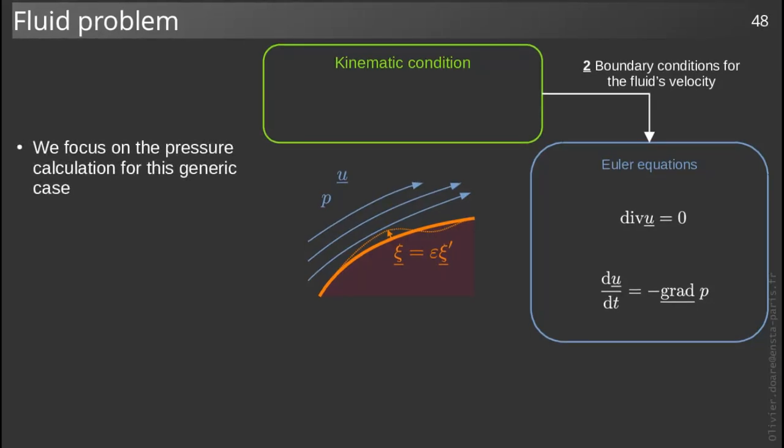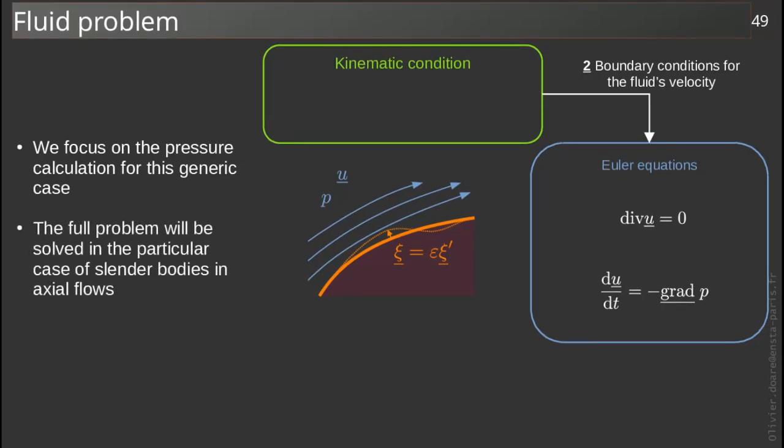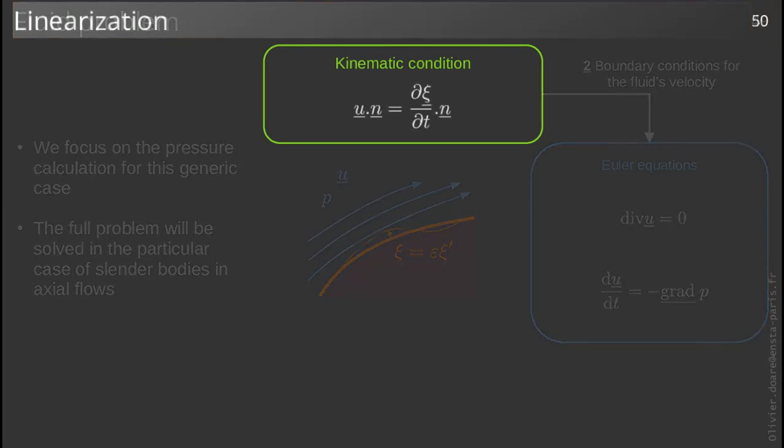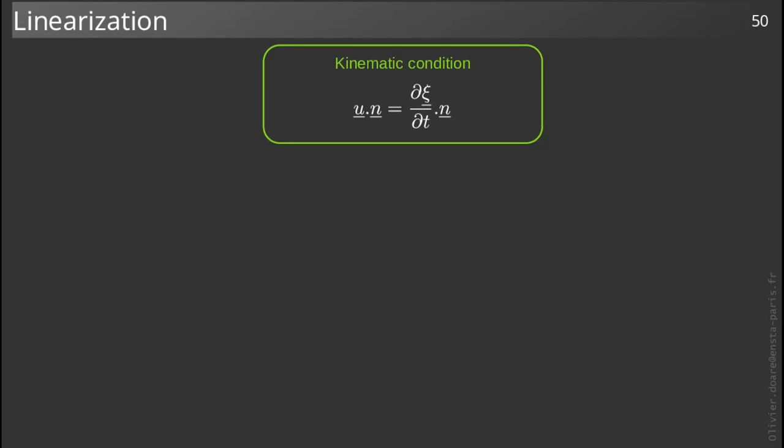In this very general framework, we will concentrate on obtaining an expression for the pressure field resulting from the motion of the solid. It is in simpler particular cases that we will carry out the analysis to its end by calculating the modal forces. The specificity of this problem compared to the case of the fluid at rest lies precisely in the kinematic boundary condition.